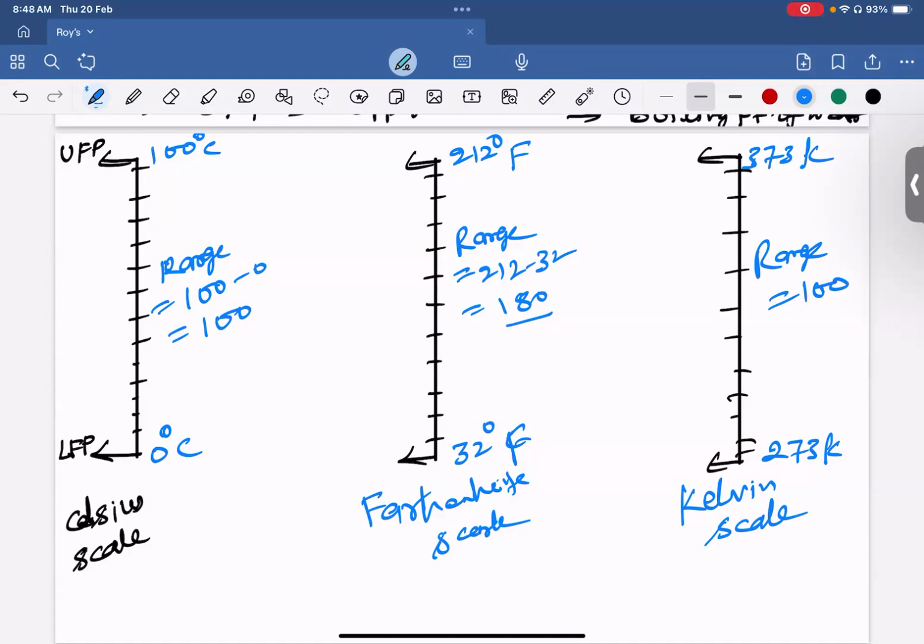Yes, sir. Understood. Have you copied whatever I have taught so far? No, after that thermometric property, I didn't.